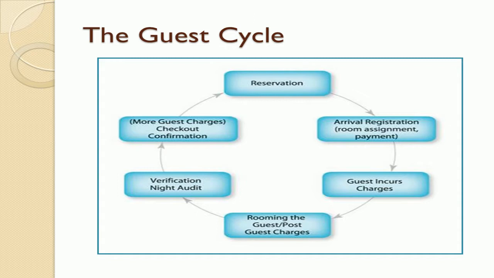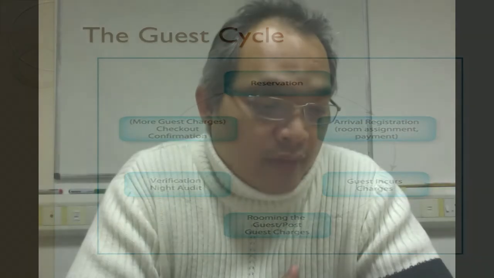The guest charges will be posted and verified with the night audit. By the time the guests check out, they will have their bills showing their room charges and any charges incurred during their length of stay. At the end, they see the bills, pay, and leave the hotel. So that is a little bit of the guest cycle.